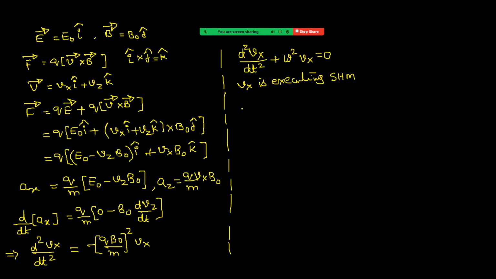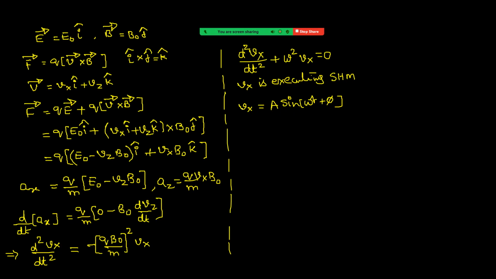Then we can write Vx = A sin(ωt + φ). And remember here A is the amplitude, so this is the velocity amplitude, or I can say the amplitude of the x component of velocity. I am repeating, A stands for the amplitude of the x component of velocity.